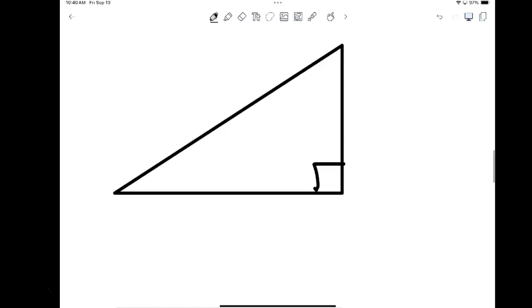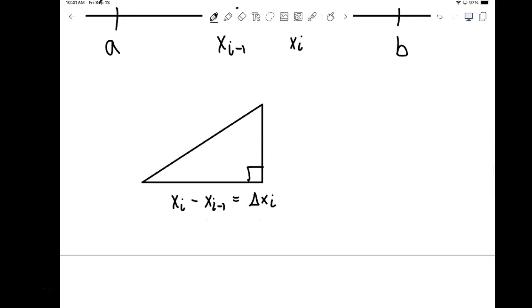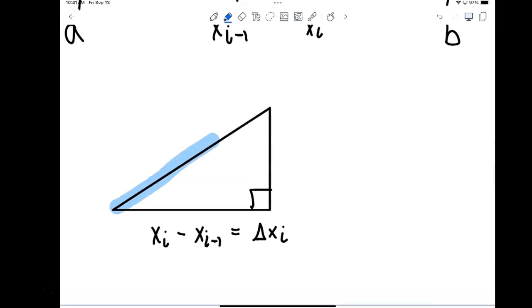So that would be x sub i minus x sub i minus 1. And we're actually going to call that delta xi. And of course, the distance we're trying to find is the hypotenuse of our right triangle. We're going to call that d sub i.